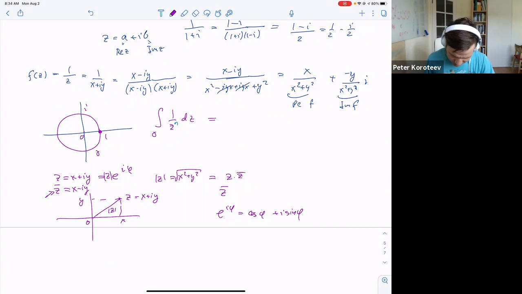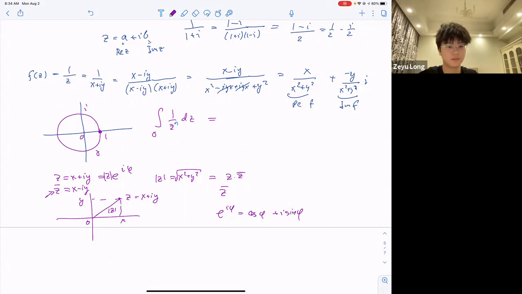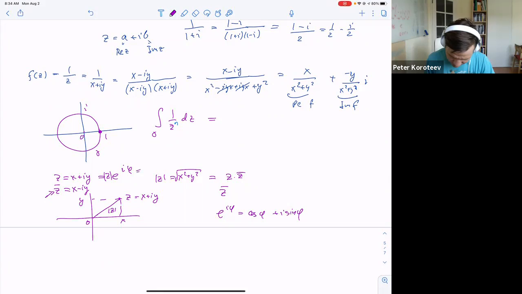So you can write this down if you're going to continue here. This is equal to the absolute value of z cosine phi plus i absolute value of z sine phi, and from elementary trigonometry, this is x and this is y.